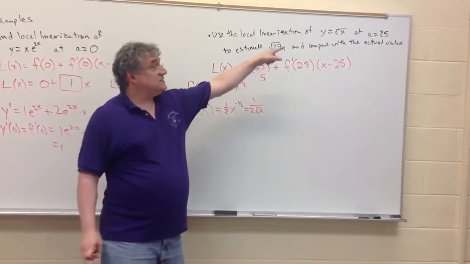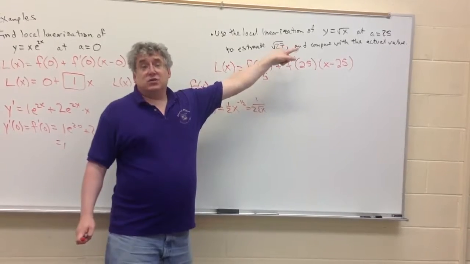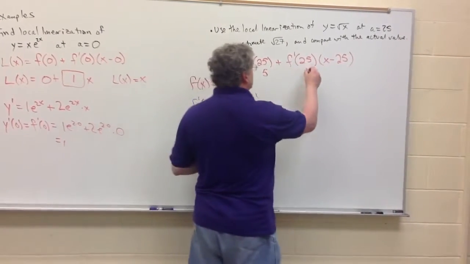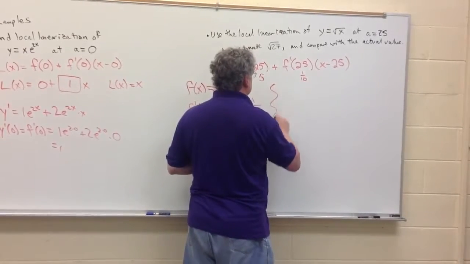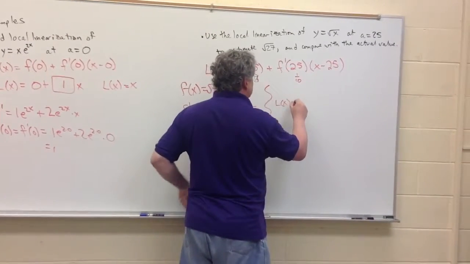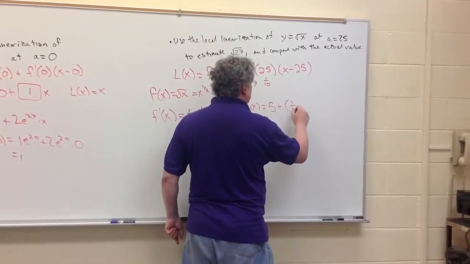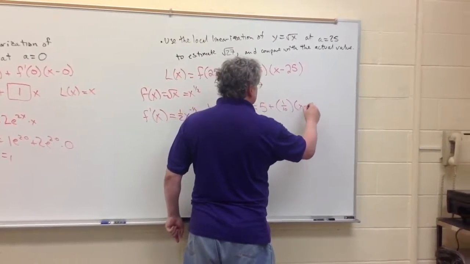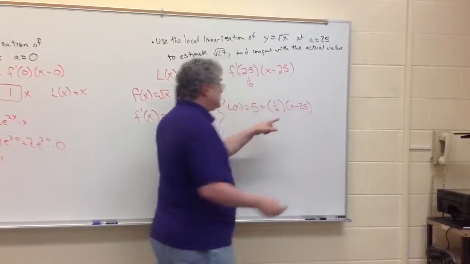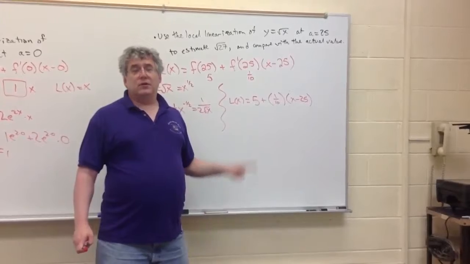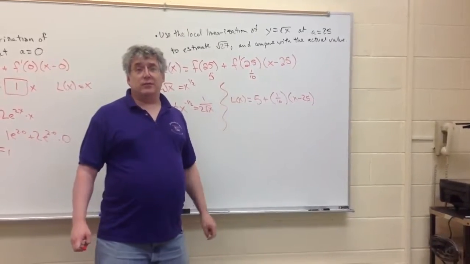And in this particular case, square root of 25 is 5. 1 over 2 times 5 is 1/10. So that means L of x is going to be 5 plus 1/10 of x minus 25. I can multiply that all out and simplify if I wanted a tangent line, but for our local linearization, this is the right form.